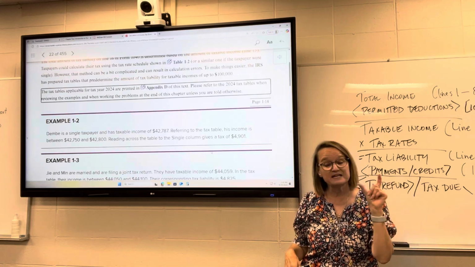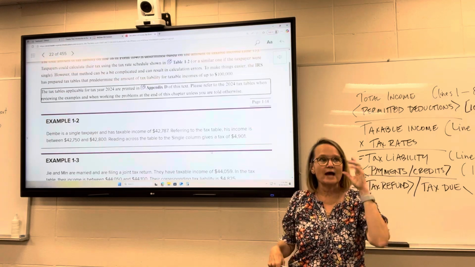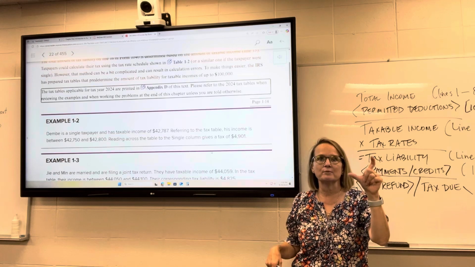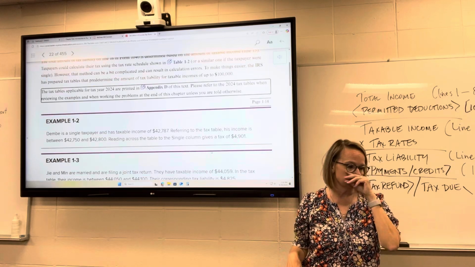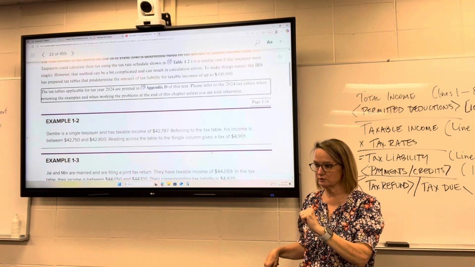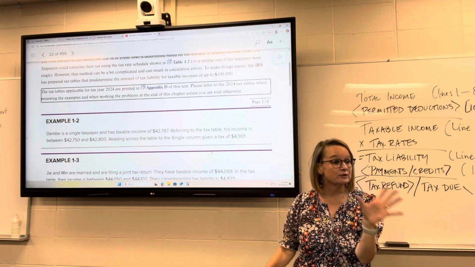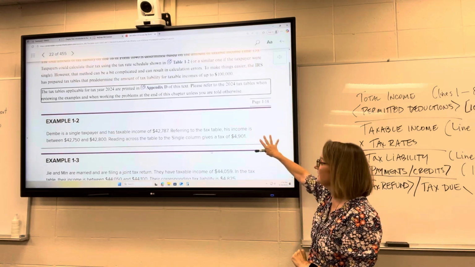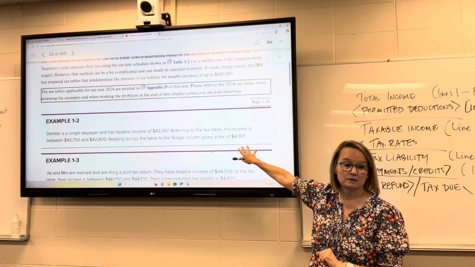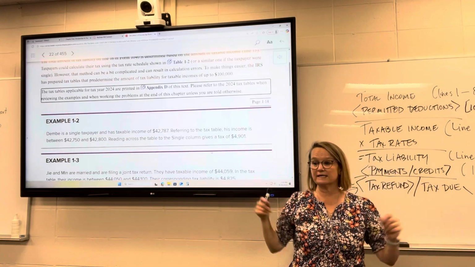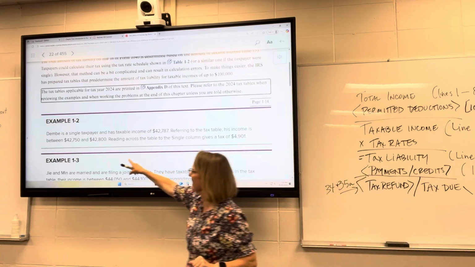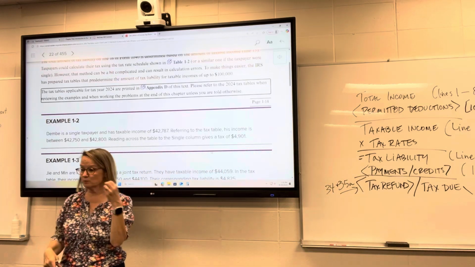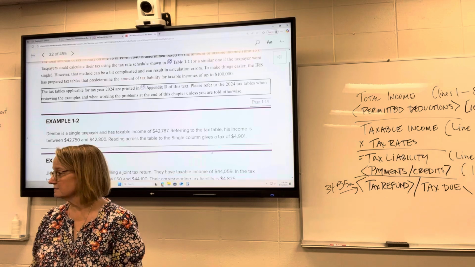Make sure, because they may tell you, and I know you've got a problem that asks you to do it both ways. So even though it's under $100,000, it still wants you to do it the other way as well. Because you'll notice that this is going to give you a round number. The other method is most times going to be a little bit different, because this is a range of income, whereas when we're doing the calculation, it's exact.